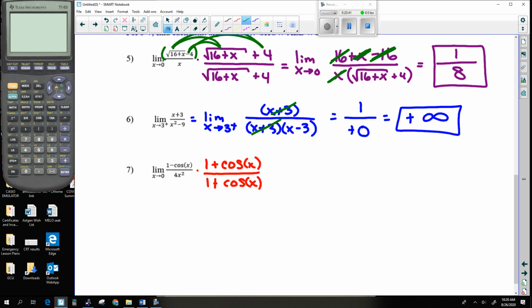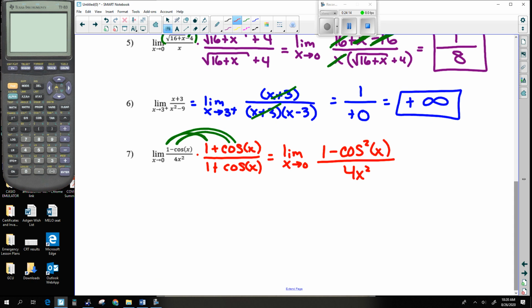All right, so again, what will happen is 1 times 1 is going to be equal to 1. Then I'm going to have a positive cosine and a negative cosine, so they add and subtract each other. And then I have a cosine times a cosine, but a negative times a positive, so that'll be a negative cosine squared. All right, this is a trig identity.